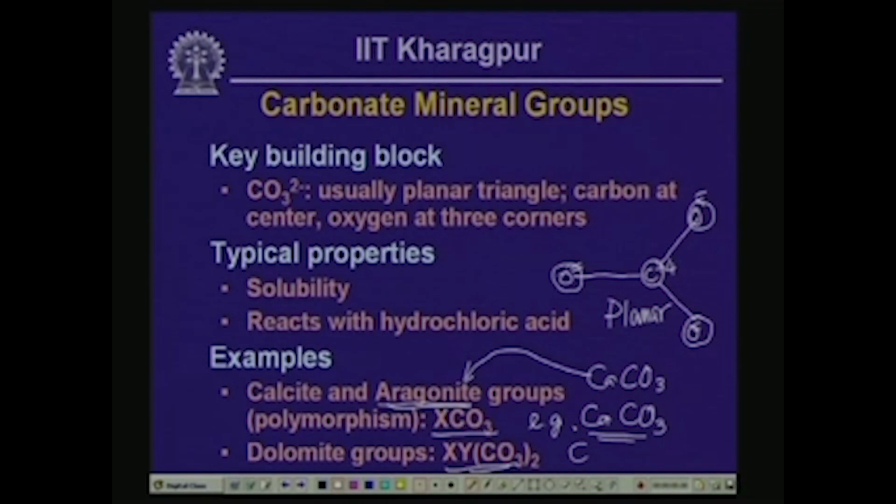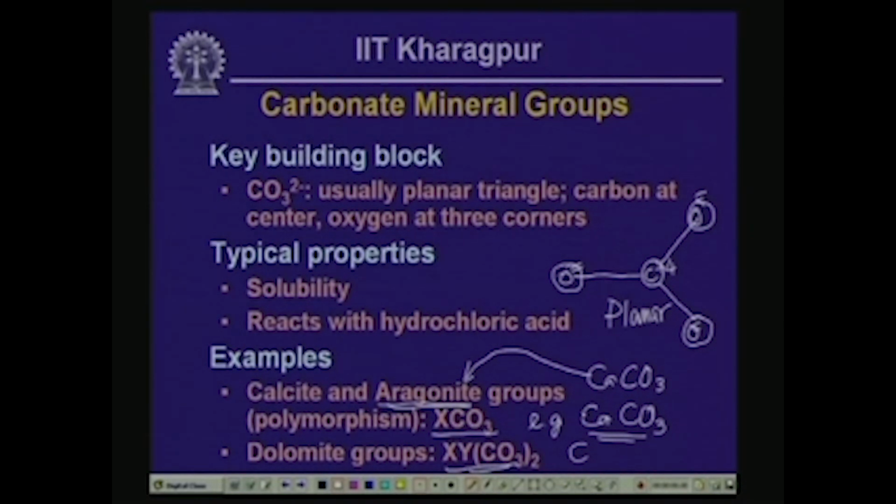But the structure or geometry of crystals of calcite and aragonite are totally different, as we will see later on. So this type of minerals, which have the same chemical formulation but different physical appearance or different crystallographic characteristics, is called polymorph.